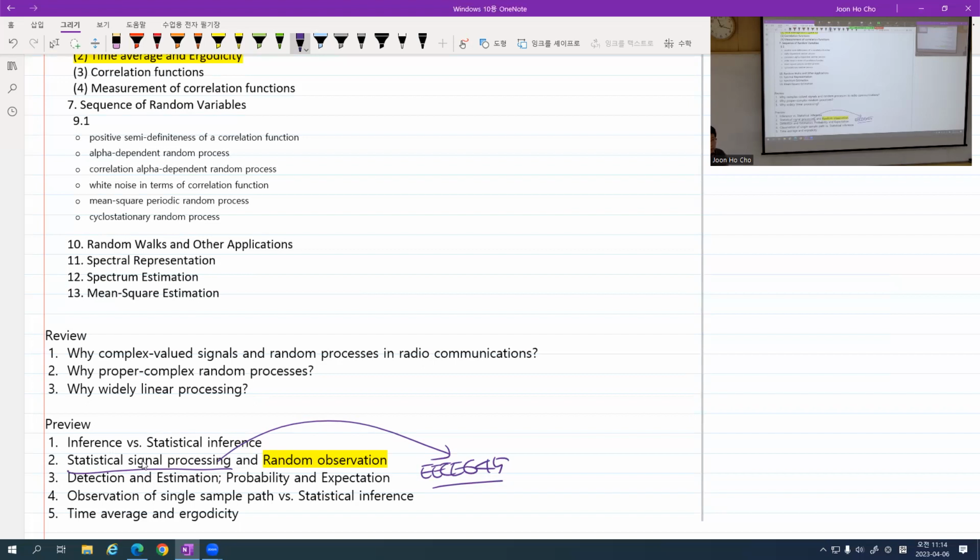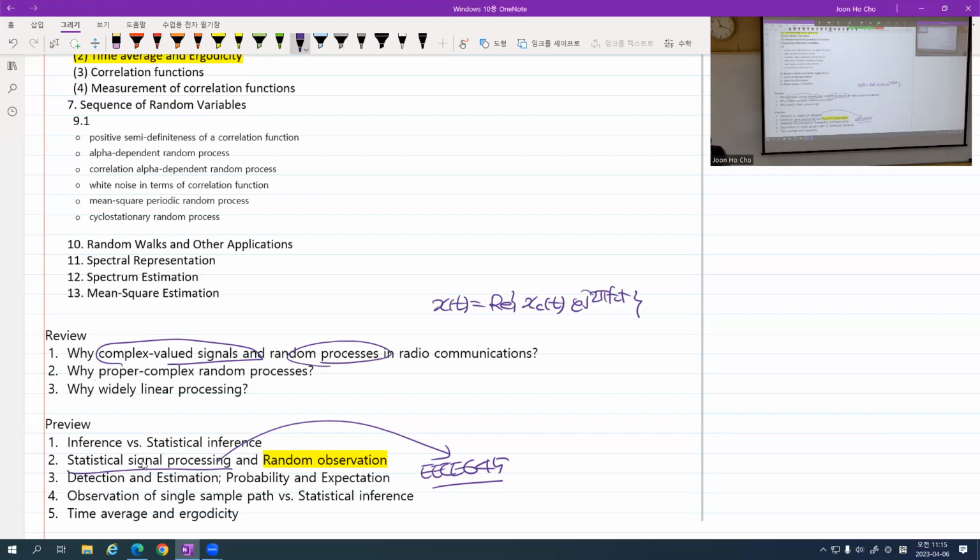So we handle real valued bandpass signals, and a real valued bandpass signal has some complex baseband signal that is equivalent to it. It's much easier to handle the complex baseband signal. That's why we naturally have complex valued signals and processes.